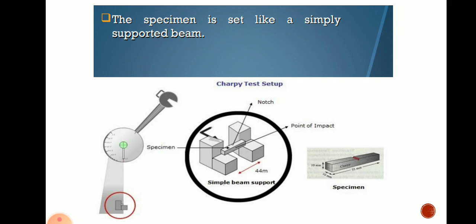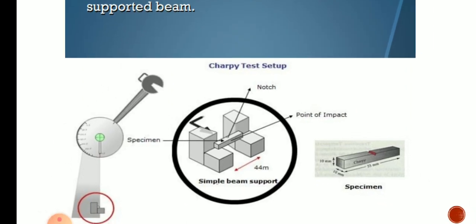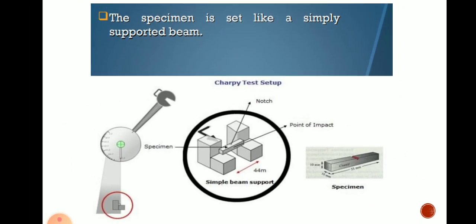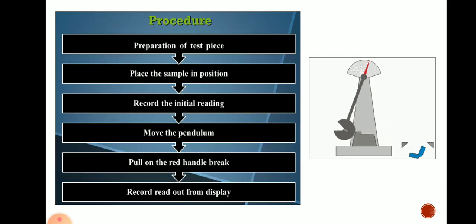There will be two rest pieces, and on those rest pieces you rest your specimen like a simply supported beam, with the V notch opposing the hammer.